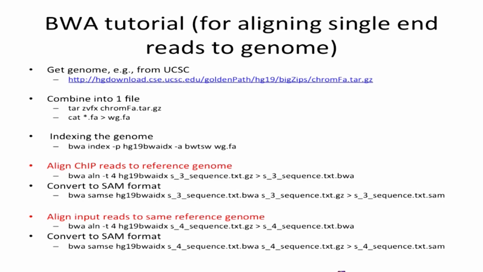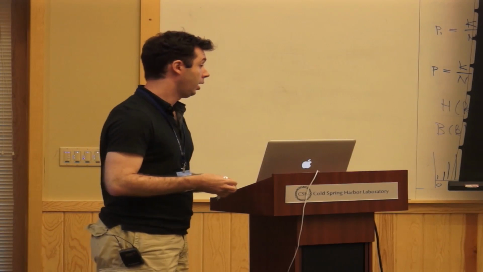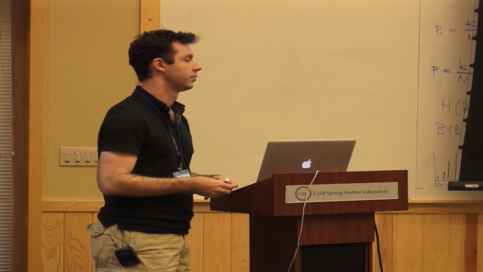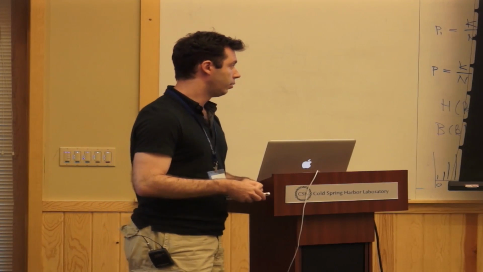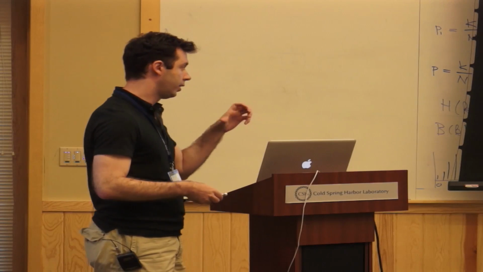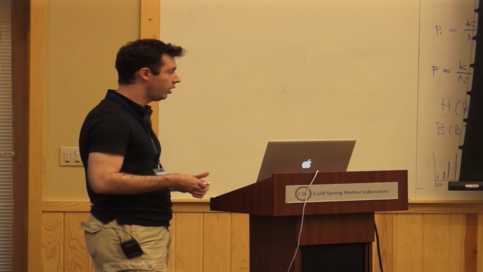Can I ask a question? Yeah. You talked about advantages between Bowtie and BWA, like variant detection? Yeah, so the key aspect about alignment of reads in ChIP-seq is that you're usually not interested in variants. You just want to know where things map in the genome, and then you want to count how many reads map to a given location.